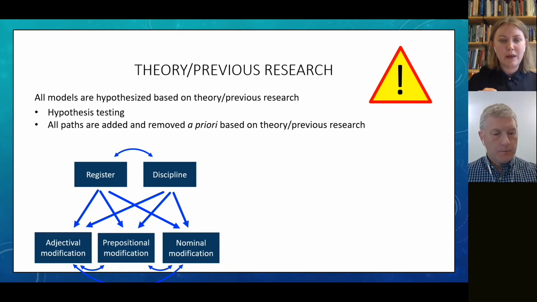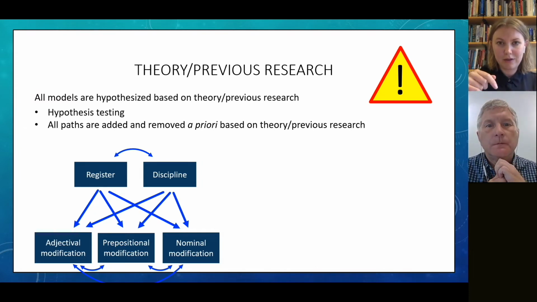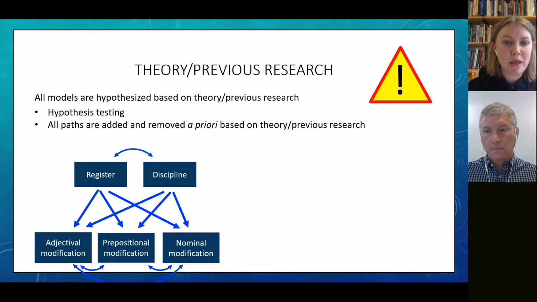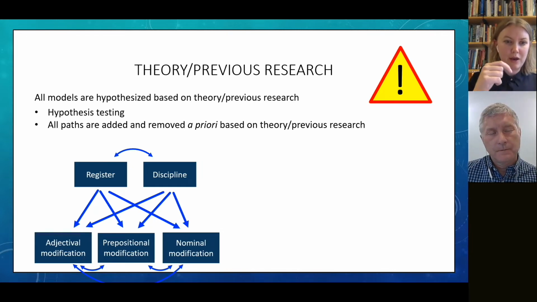So our theory can help us decide which arrows to add or remove. If we were to just put everything in there, because our theory tells us that everything is linked up, although there's a bit of an issue with that which Greg is going to return to later, then we would have register affecting all three of the dependent variables, discipline affecting all three of the dependent variables, and they're all connected, so they're all allowed to covary.